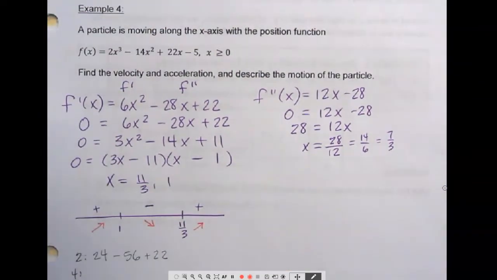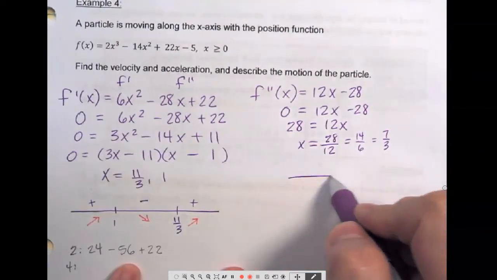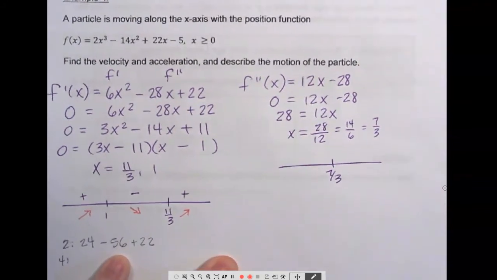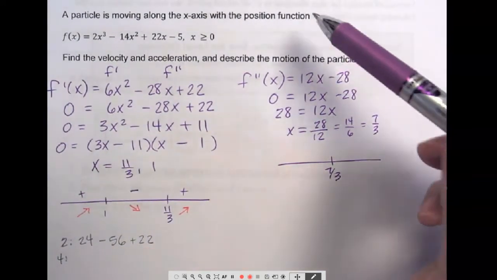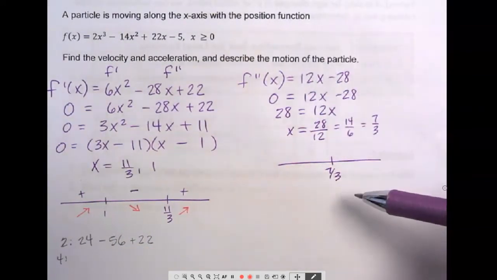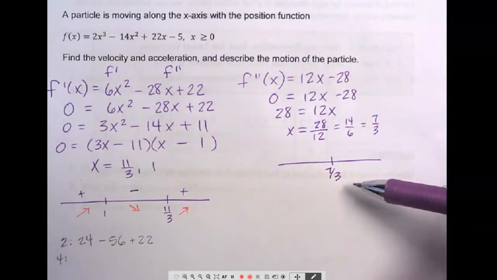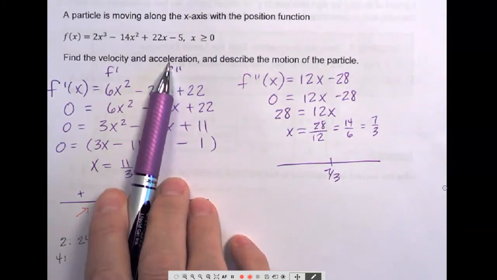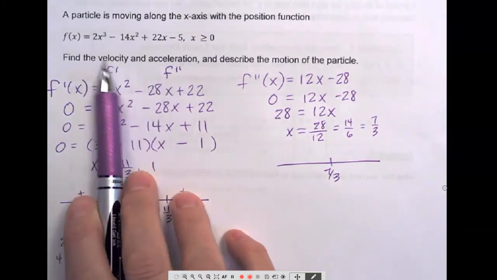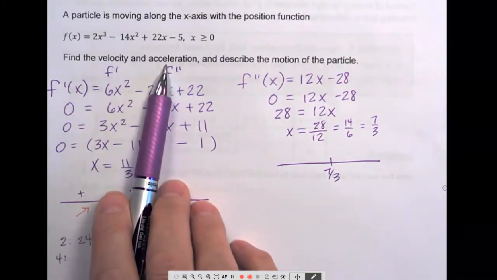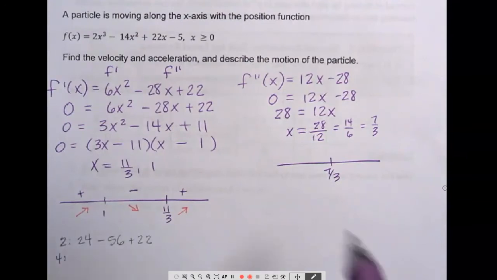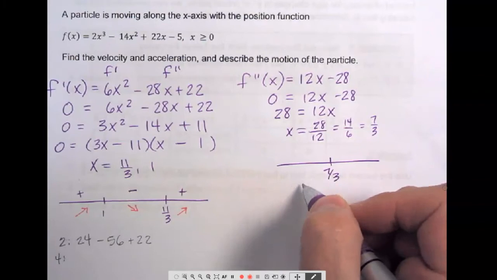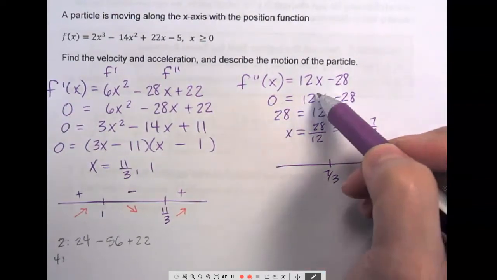Okay, we have to do a sign chart. Marking 7/3. In terms of motion, what is the second derivative giving us? Acceleration, right? Velocity was the first, acceleration was the second. Okay, something to the left here, 0, 1, either one of those.